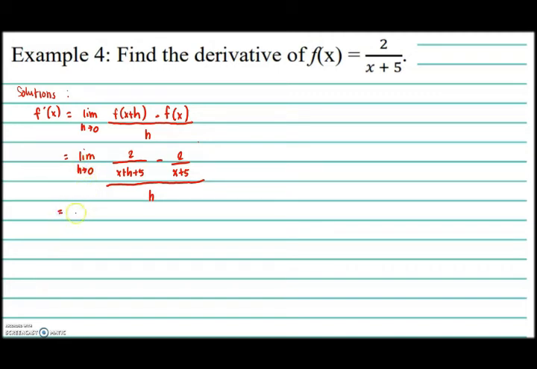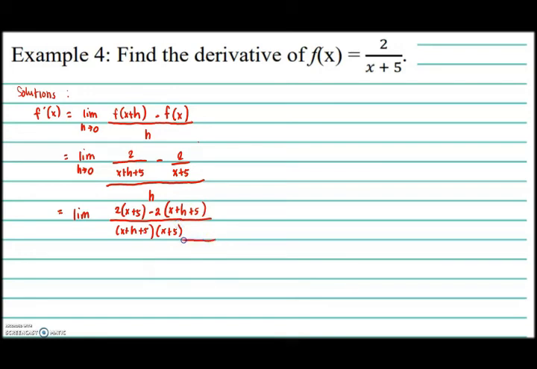Okay, so next we have the limit of combining our numerators. So we have the common denominator (x + h + 5) times (x + 5), and the numerator is 2 times (x + 5) minus 2 times (x + h + 5).